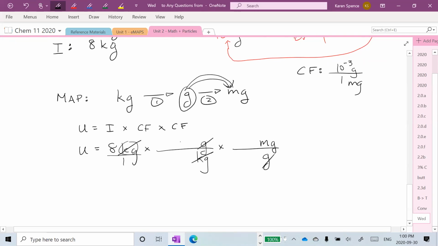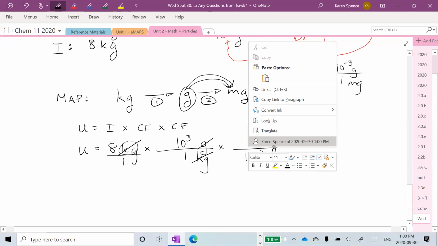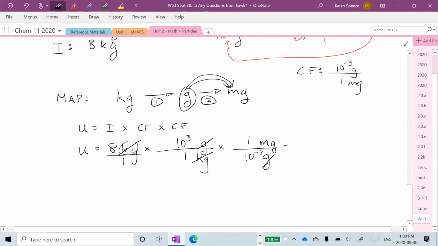And we know that there are 10 to the 3 grams per 1 kilogram, because we know our powers of 10, and we know that milli means 10 to the negative 3, so that goes with the gram.